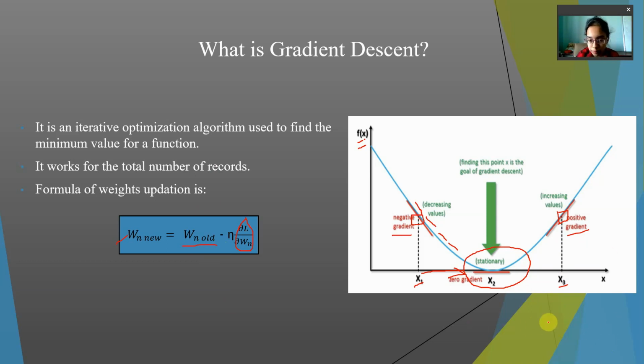Since we are subtracting some value from our old weight, it will move in the opposite direction, right? So x3 actually moved in the opposite direction. Opposite direction means this direction, that is, it will come like this, this and this, and finally it will reach the global minima.